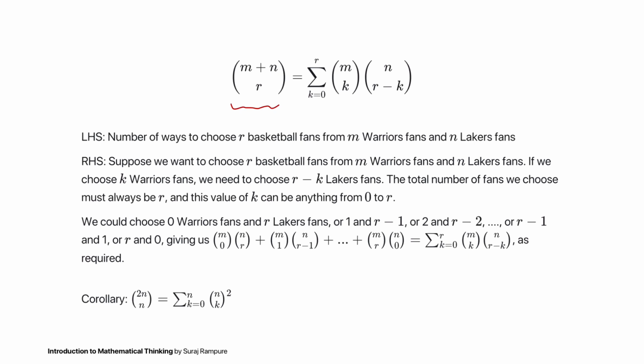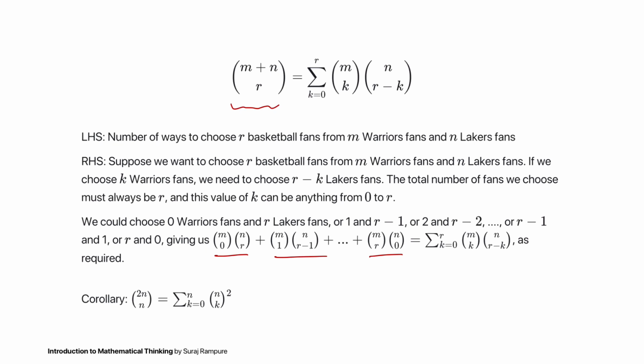Either it's 0 and r, or 1 and r minus 1, or 2 and r minus 2, and so on, going all the way until r and 0. Since these are all different possible cases, either we have m choose 0 times n choose r, or m choose 1 times n choose r minus 1, or dot dot dot, we follow that pattern, which gives us the right-hand side.